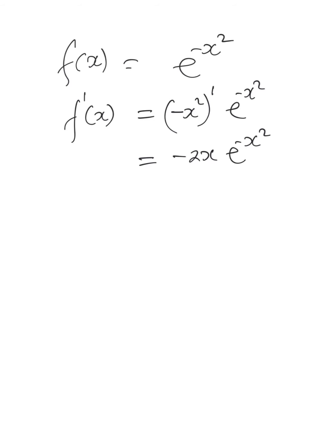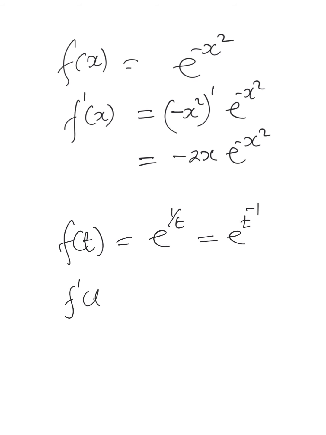Okay, I have this function f of t is e to the power 1 over t. Then I write this as e to the t to the minus 1, and the derivative is going to be, okay, differentiate the power, find the derivative of t to the minus 1, and then multiply by the same thing, e to the t to the minus 1.